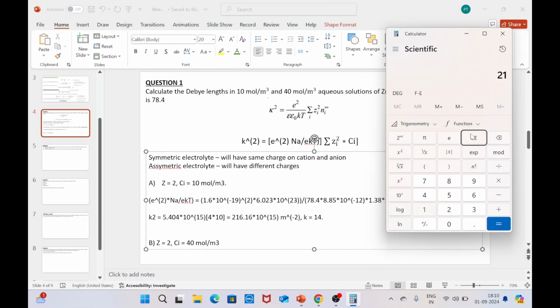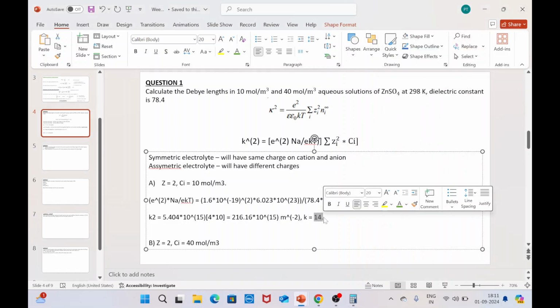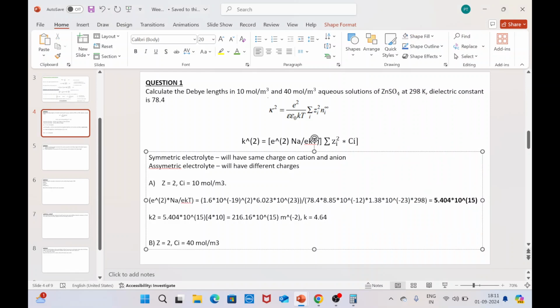It is 216.16 times 10 to the power 15, and the square root of this is approximately 4.64 times 10 to the power 8 meter inverse.